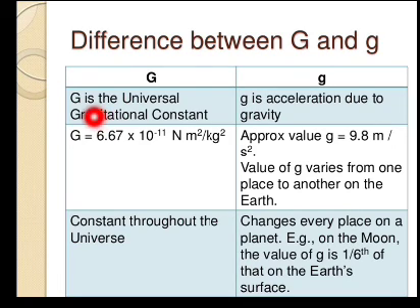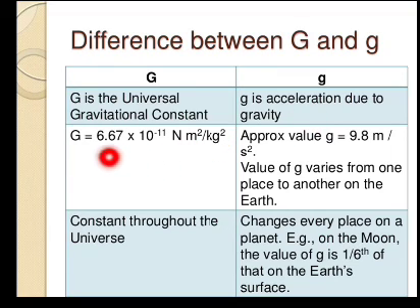First difference, gravitational constant G is the universal constant, whereas small g, gravitational acceleration, is due to gravity and it is not a universal constant. It changes from place to place.